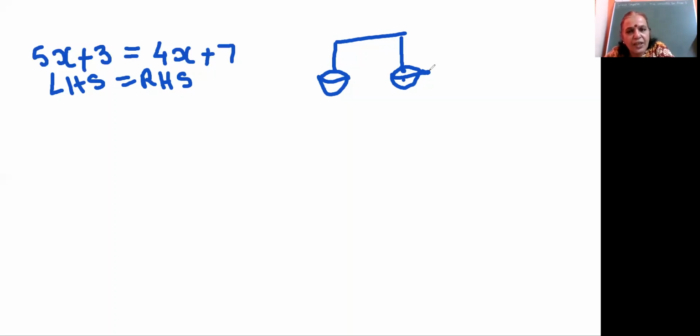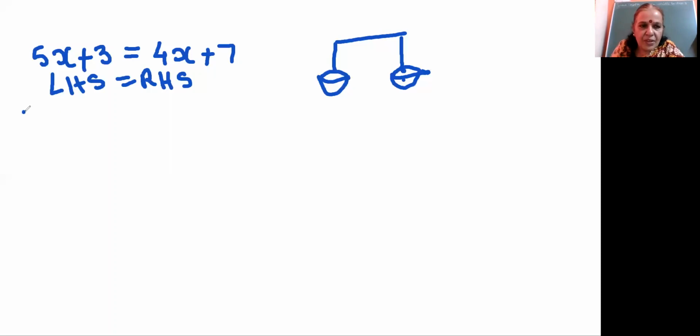And this is also a lengthy method. When the value of x is 1, 2, 3, like that, you can use that method. And when the value of x is a fraction or a decimal or a 10, 12, like that, then you have to use another method that is called the transposing the terms method.